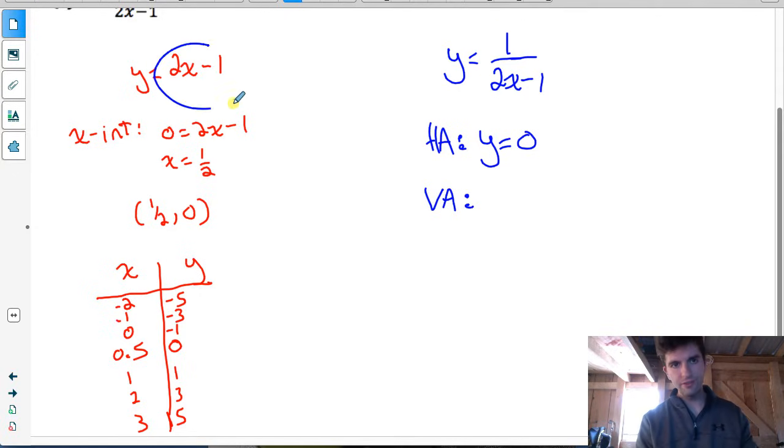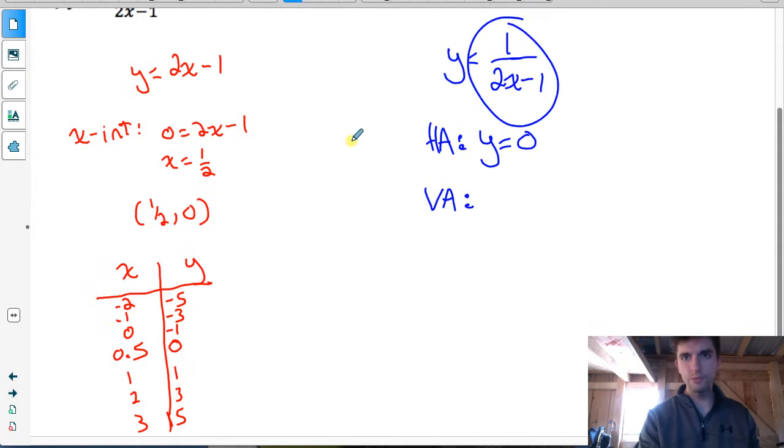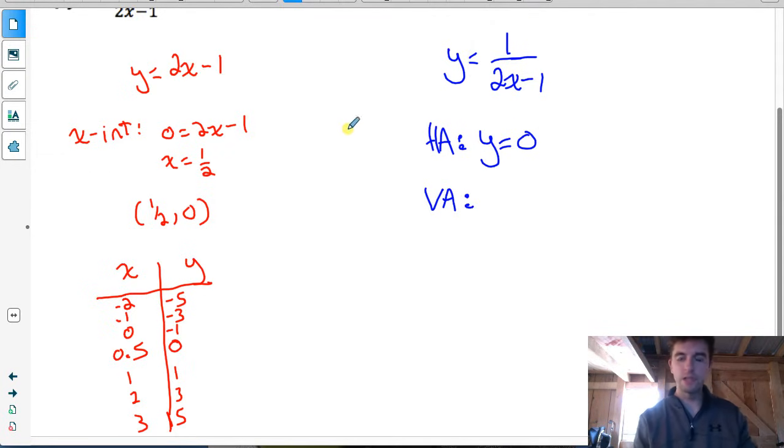So whenever this function is 0, this function will be 1 over 0, which is undefined, which would mean a vertical asymptote. So what I need to do is figure, okay, well, when was this function equal to 0? We figured that out right here when x was a half. So if x was a half, the denominator would be 0, which would make the whole function be 1 over 0, which is undefined. So there's a vertical asymptote at x equals a half.